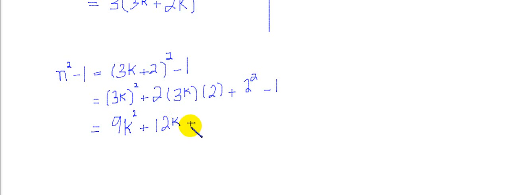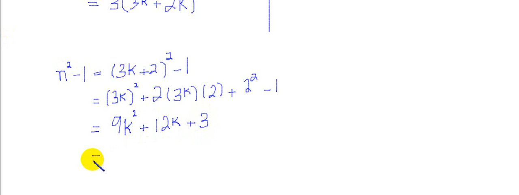Plus 2 squared is 4, so 4 minus 1, which is actually 3. I'm going to skip one step and write 3 directly, so it saves us writing another step.